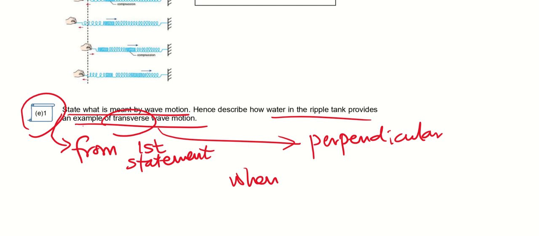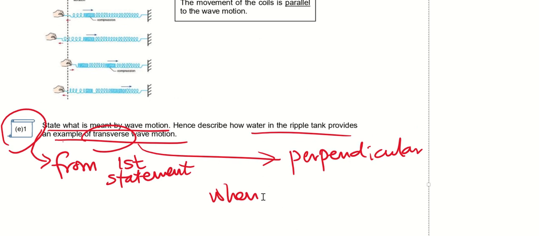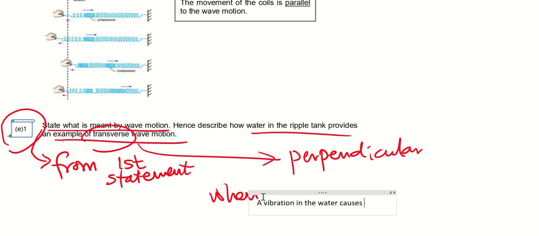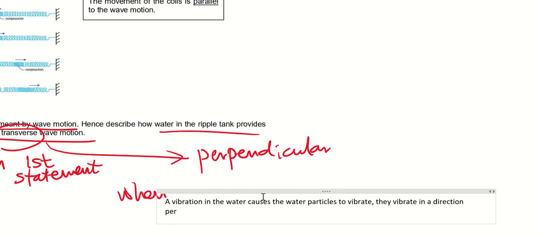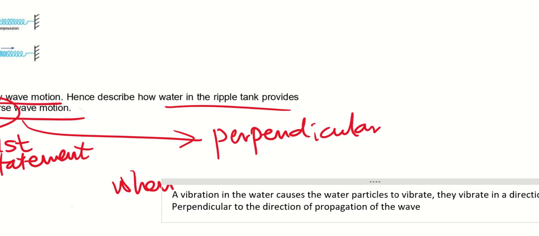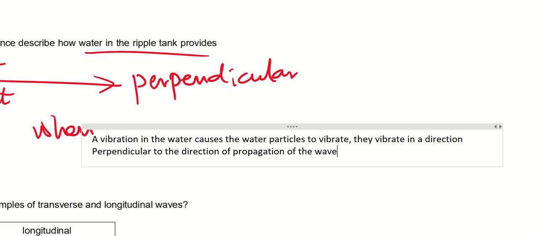So when a vibration in the water causes the water particles to vibrate, they move or vibrate in a direction perpendicular to the direction of propagation of the wave.